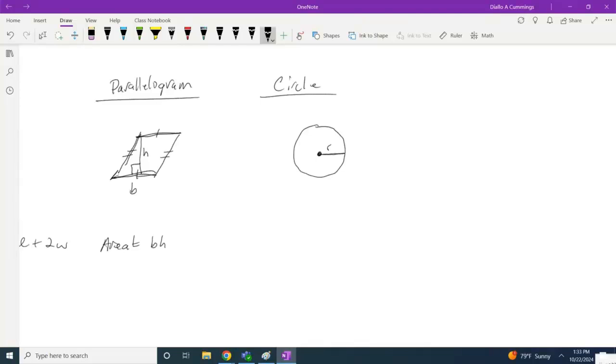We call the perimeter aspect of a circle the circumference. It has the same definition as a perimeter, it just applies to a circle. The circumference is 2 times pi times r, and that would give you the circumference, or the distance around the circle. The area of a circle is pi times the radius squared.